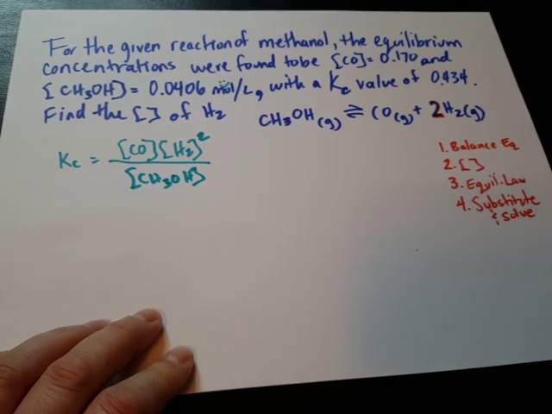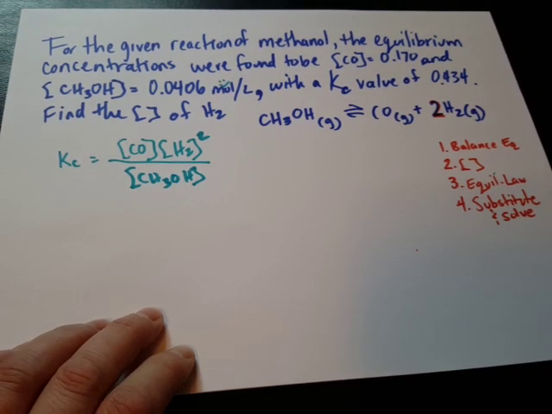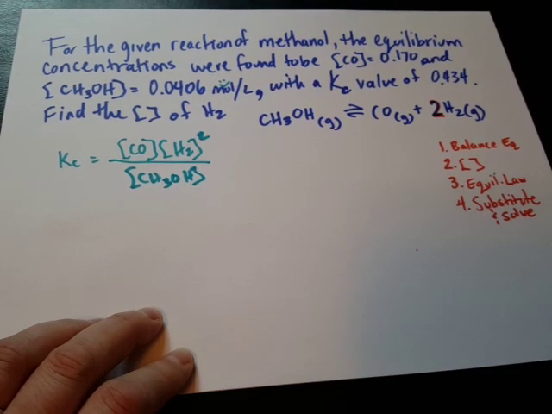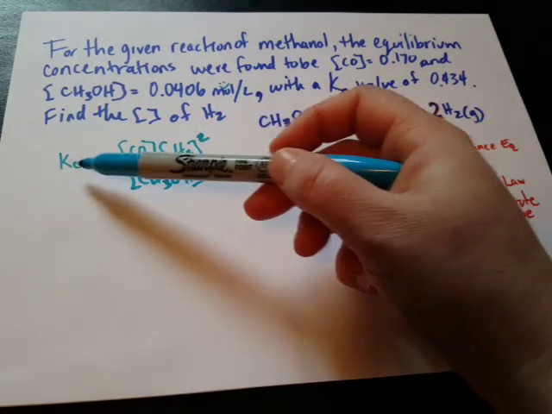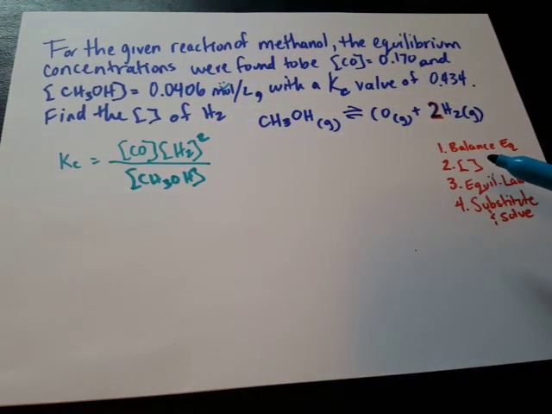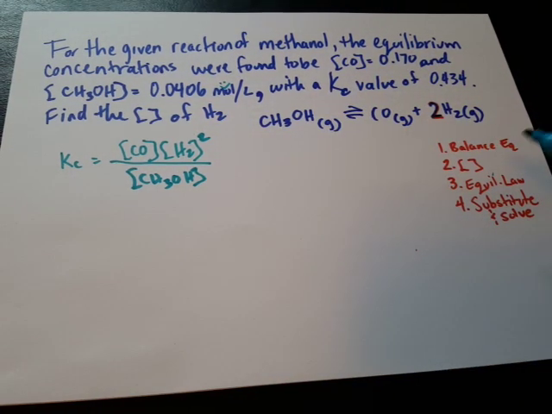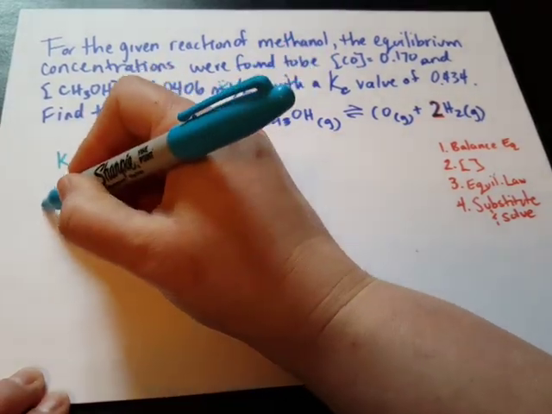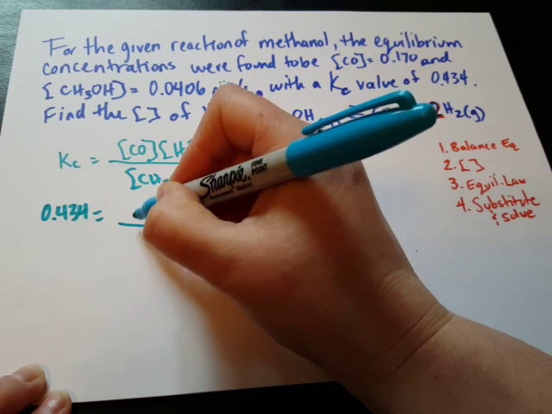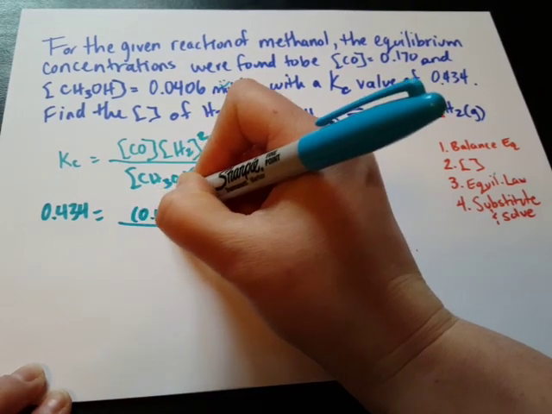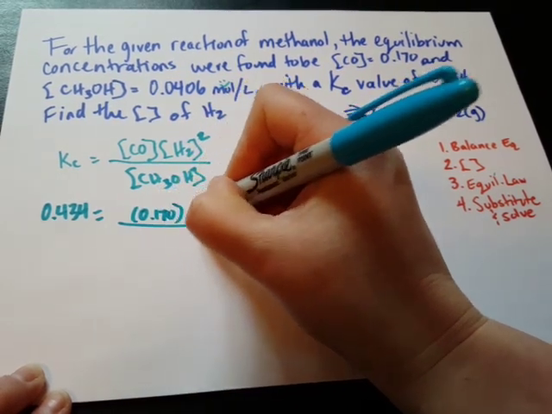Last step is to substitute and solve. So, in questions where we have to find K, we've been given all the concentrations and we just churn it out. This one's a little bit different because as we substitute in, we'll see that our variable is going to be stuck in the numerator.